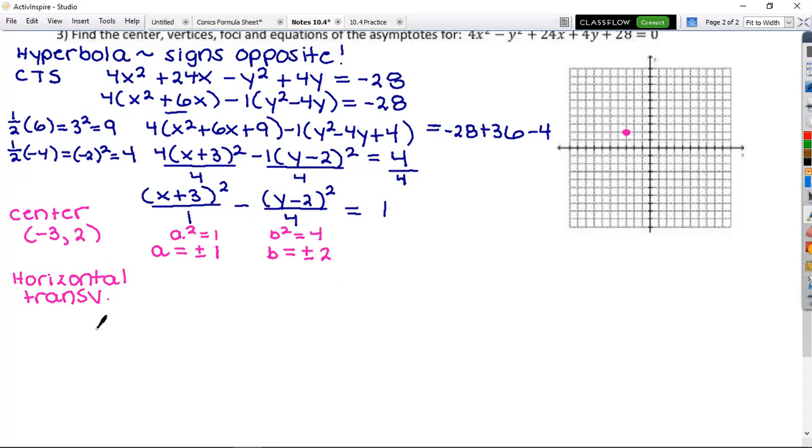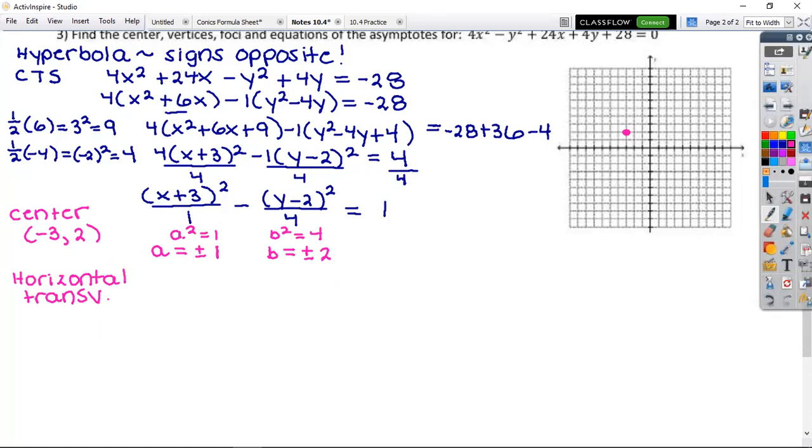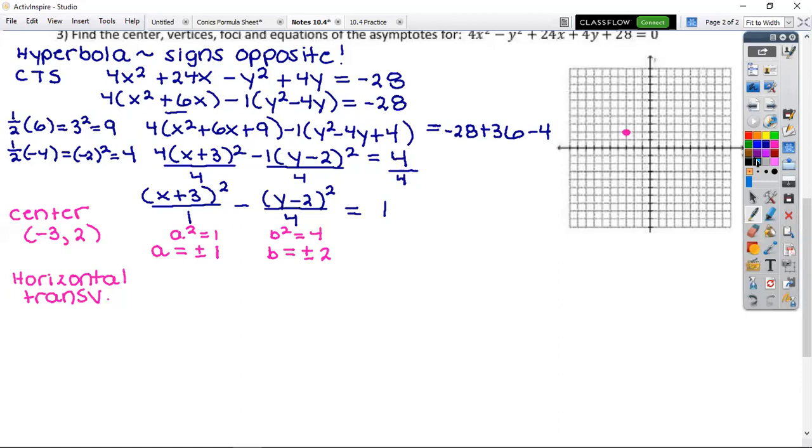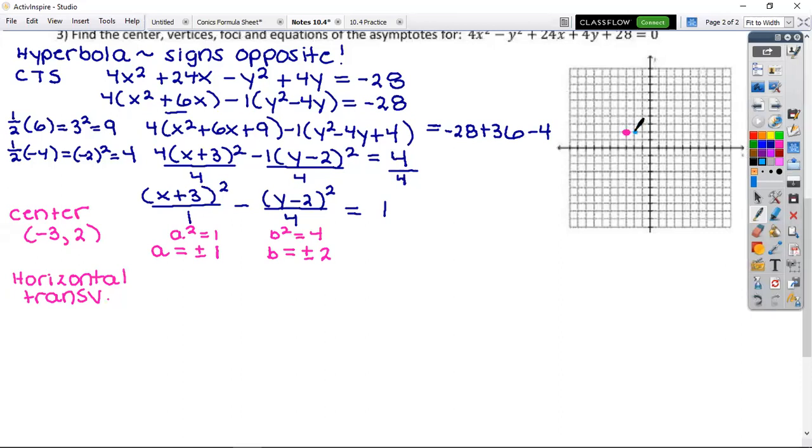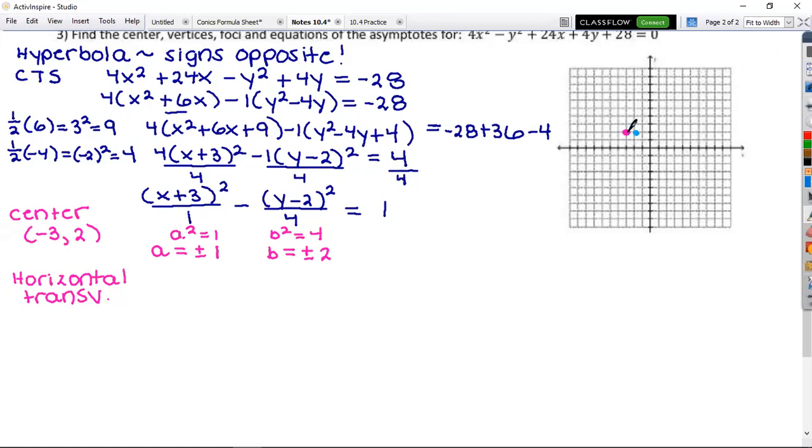All right, so from here, and again, you can do this algebraically, or if you want, just use the graph. So I'm going to use the a value and go over 1, and then other direction 1 as well. So that's going to be my vertices here. So over 1, and then here too. All right, so it looks kind of like this. And this way. All right, so there's your vertices.